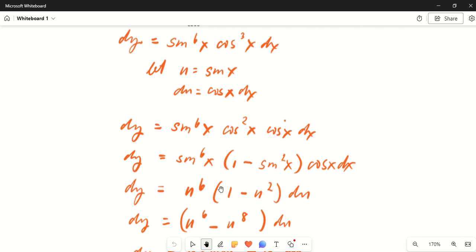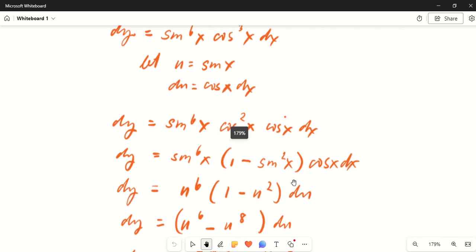So you have the quantity of 1 minus, you replace your sine x with u, so you'll be having 1 minus u raised to the second power, times, of course, the derivative of your u, which is du, and that's cosine x dx. We can therefore replace your cosine x dx here with your du.